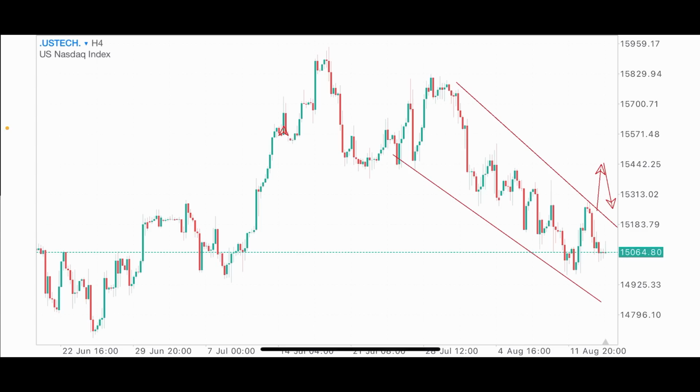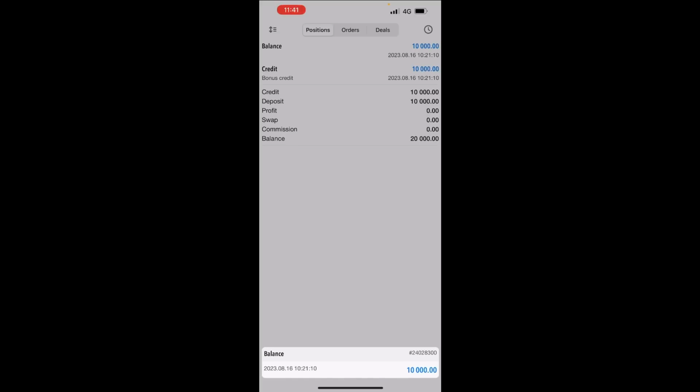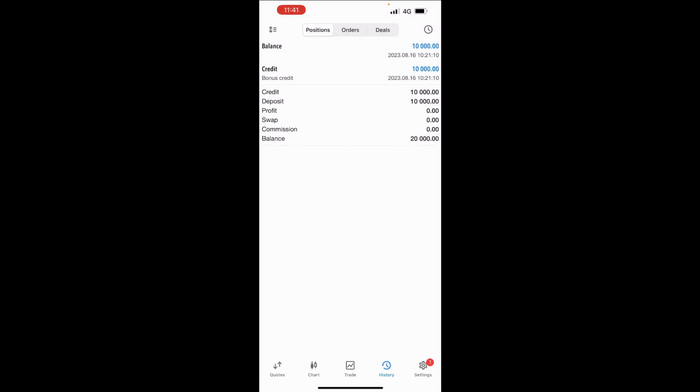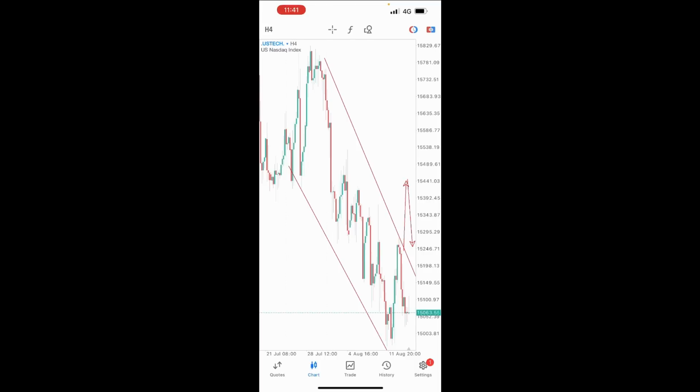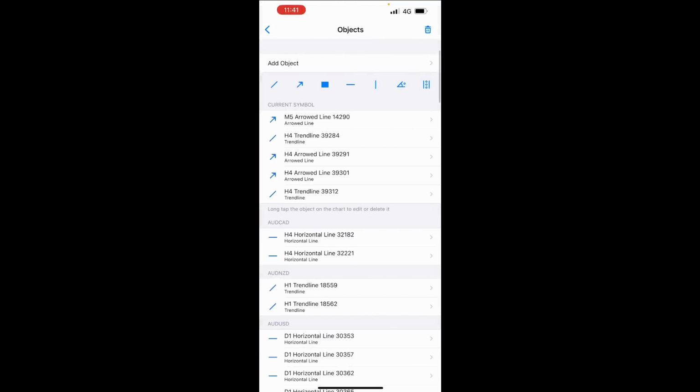For example, right now, I've deposited on this account and I haven't been trading. I've just deposited and chilled. The only time I'm going to trade is when I get a nice proper setup for me to enter and enjoy.